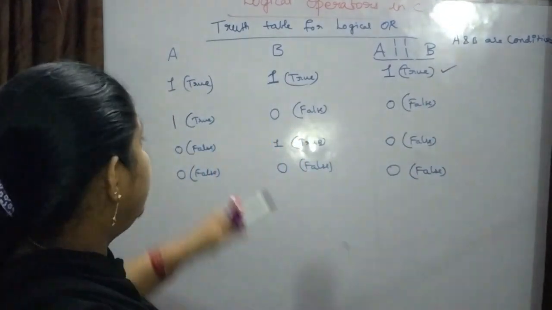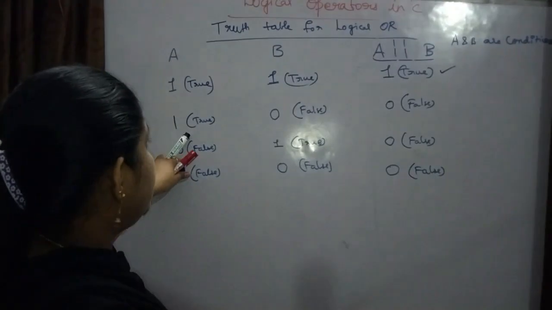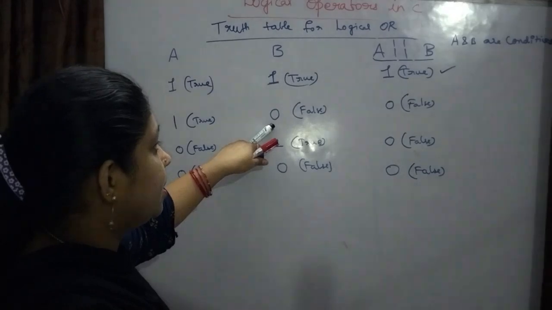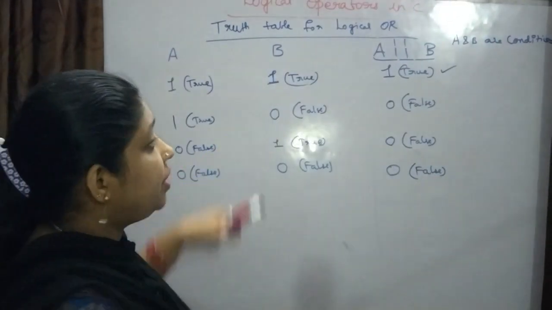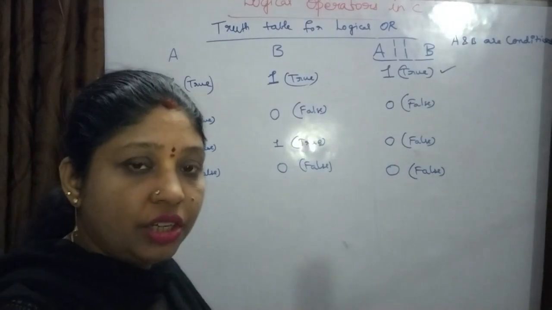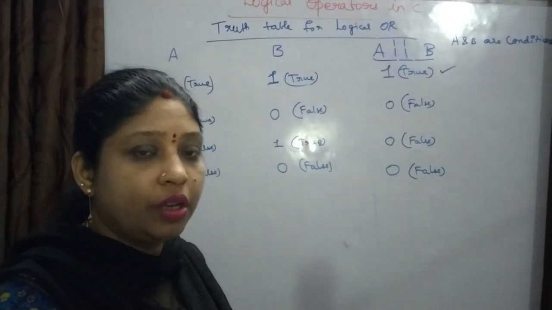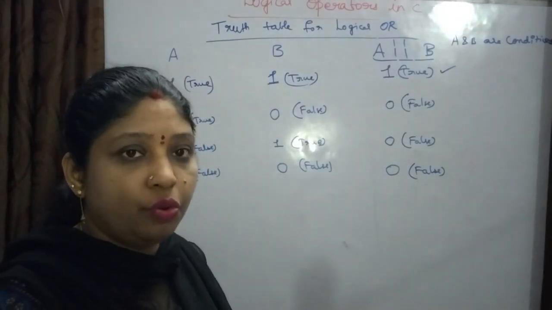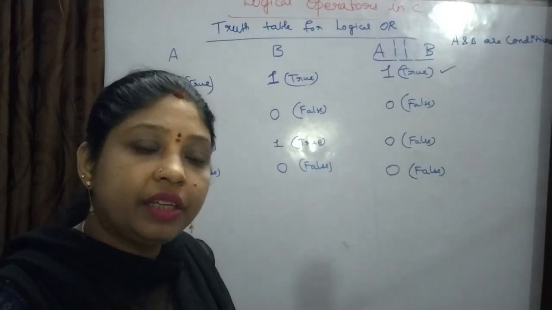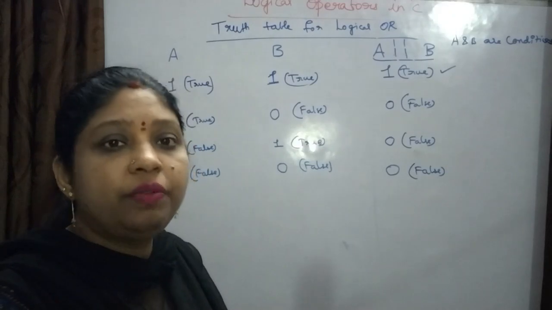Next, if A condition is true and B condition is false, we have given here A or B, right? A or B, in the sense, either A should be true or B should be true. If one of these is true, automatically the result will be true.